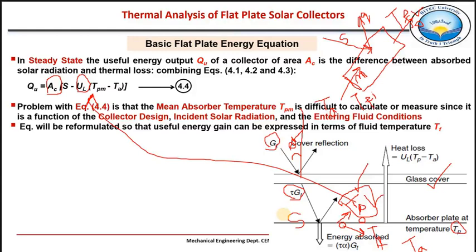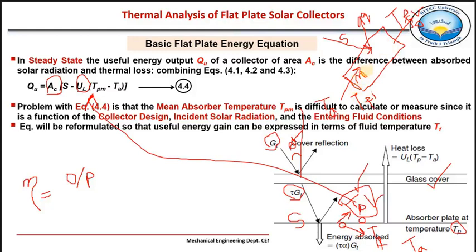So efficiency is normally defined as eta, the symbol which is used to represent efficiency, and that is given by desired output, not just the output but the desired output. And what is the desired output of this solar collector? That is QU, the useful heat gain, TFO minus TFI multiplied by m dot into Cp, right?